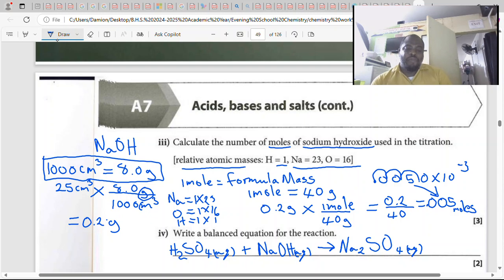So the Na+ and the SO4 2-, that is how we get to this. A lot of times, students may make a mistake and write NaSO4. We have to be careful of that. Also, we said that we would have obtained water.